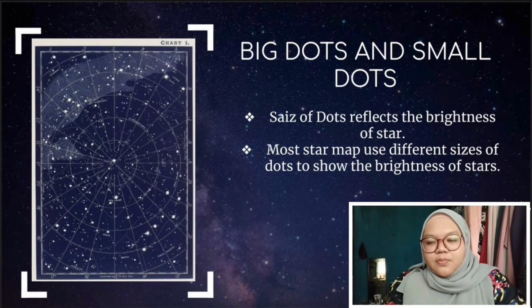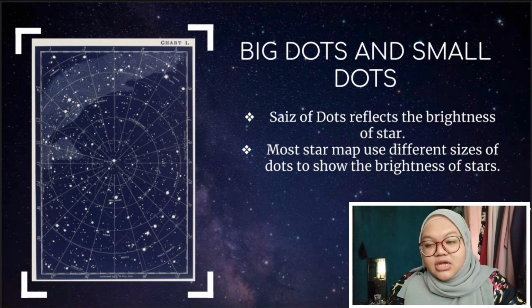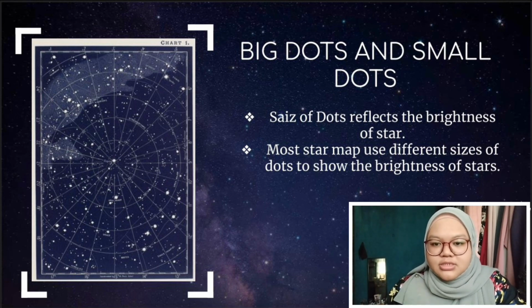Point number 1, big dots and small dots. As you can see on the star map, they are represented by big dots and small dots, or more correctly, circles. Most star maps use different sizes of dots to show the brightness of stars. Stars are represented as black dots on a white background.